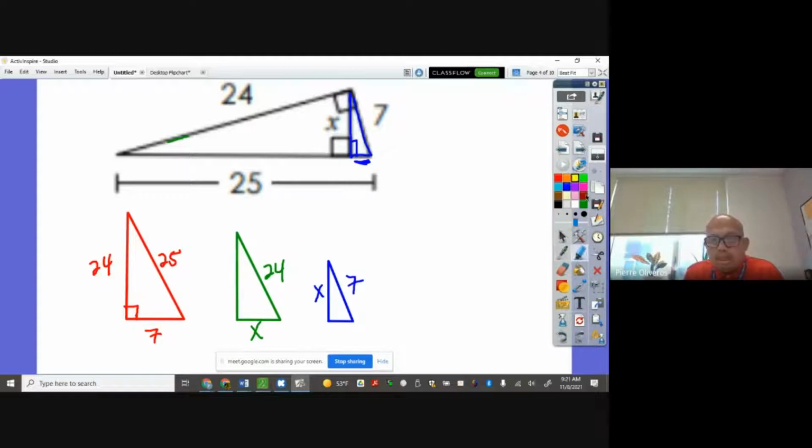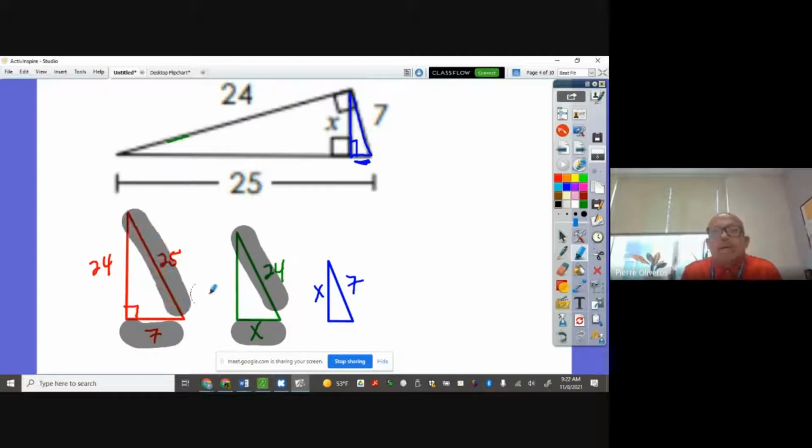So now, remember, in similar triangles, the corresponding sides are proportional, okay? Again, we're solving for x, so we know that this is x here, and that corresponds to the 7 here. We know this is 24, and that corresponds to 25. That means we can solve for x by making a proportion here. So x over 24 is equal to 7 over 25.